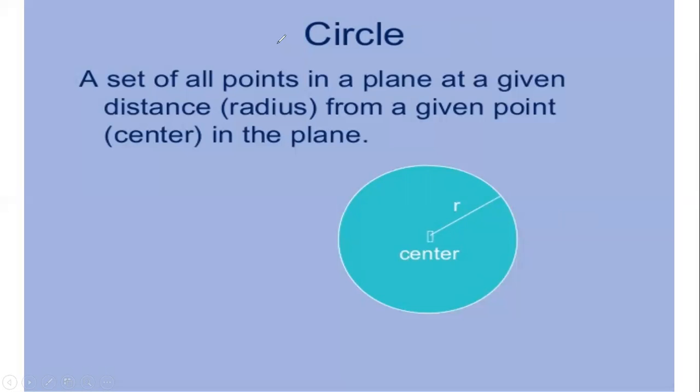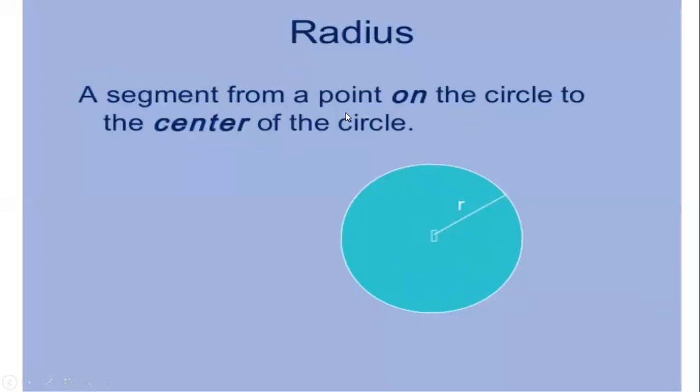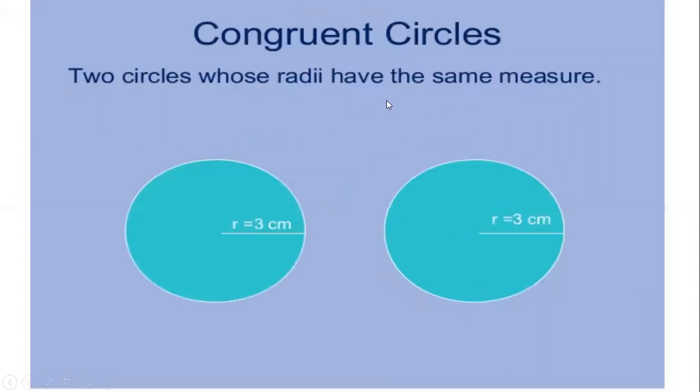If we look at some other terms, because a circle has many terms, there is the radius, which I've already talked about. Then there are what we call congruent circles. Two circles whose radii have the same measure are what we call congruent circles.